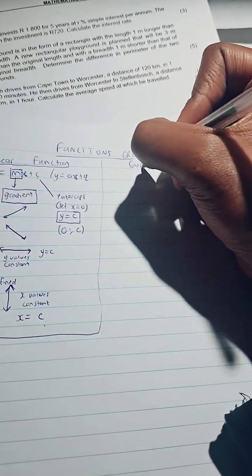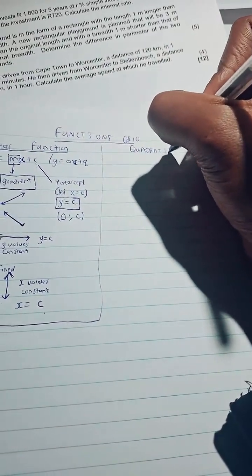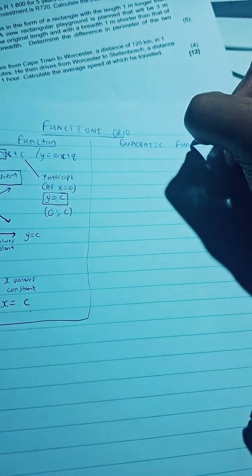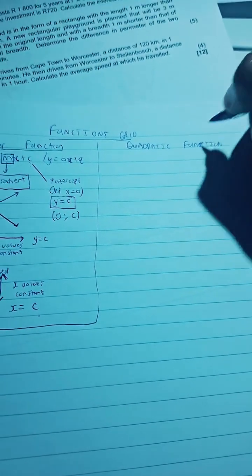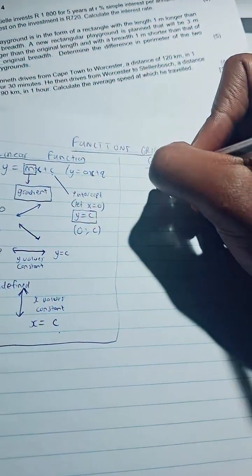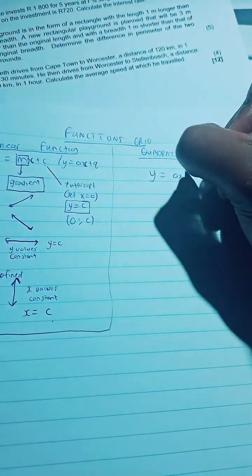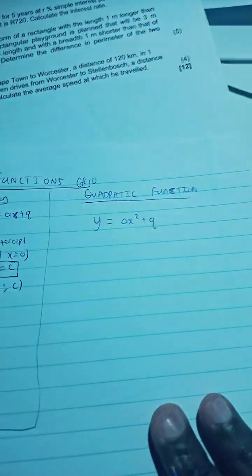Then in grade 10 we have your quadratic function. The form of the quadratic function is y is equal to ax squared plus q.